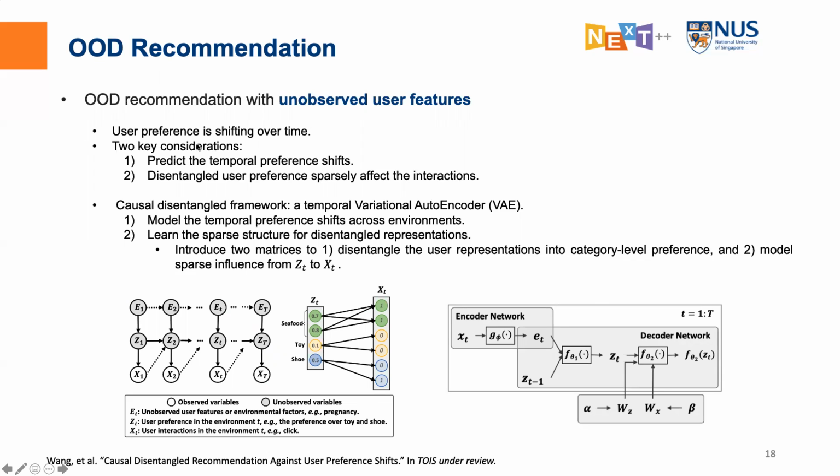This work solves the problem of OOD recommendation with unobserved user features. If the user feature is changed and we don't know that, we can only predict it. It means that we can only rely on the temporal patterns to predict what the user preference will be in the next environment, right?